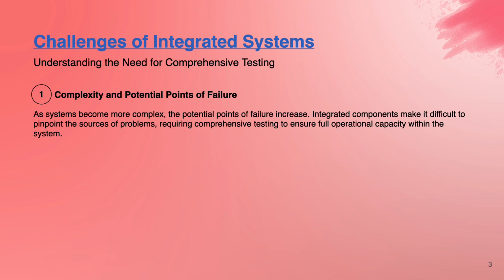It is like having a lot of buttons, and any one of them could cause a problem, right? In this system, different parts work together, making it hard to figure out exactly what is causing an issue when something goes wrong. So you can't just look at one part, you have to look at the whole thing. It's a bit like finding a needle in a haystack, right?